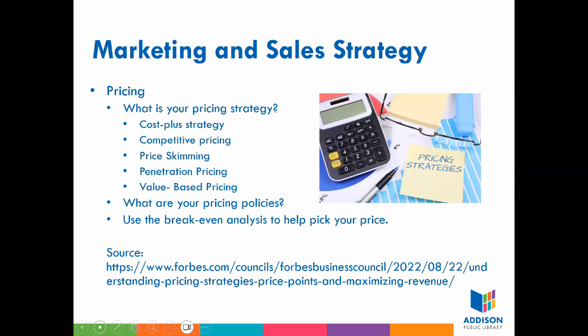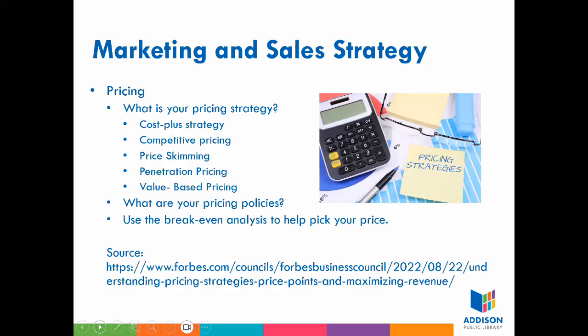Now, then you pick your profit margin. So say you want to have a 40% profit margin. So you'll take that cost per item that you have, and then you'll multiply it by a 40% profit margin. You'll add those two numbers together, and then that is your price point for your item.